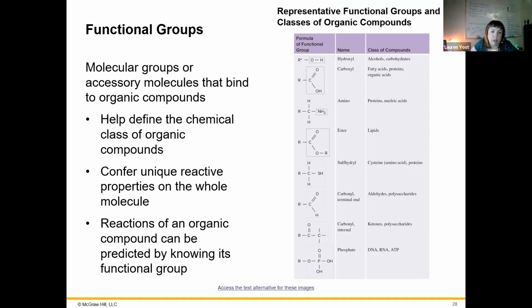Now, the functional groups that are important with regards to organic chemistry, I would be familiar with these guys if it helps you to make a flashcard. This OH group is a hydroxyl group. And then we have the carboxyl group down here, or carboxylic acid. That's typical.